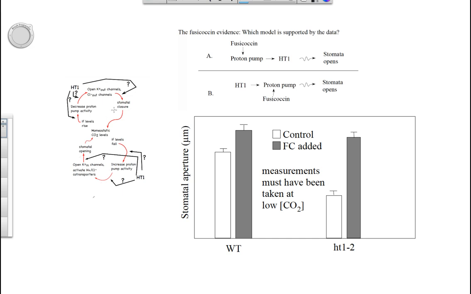So here's a paired negative feedback loop way of looking at stomatal opening and closure, but in this case, I'm telling you that homeostatic carbon dioxide levels are one of the features, one aspect of what dictates how open or closed the stomata should be. Okay, and we know that HT1 is involved in this process, but where?